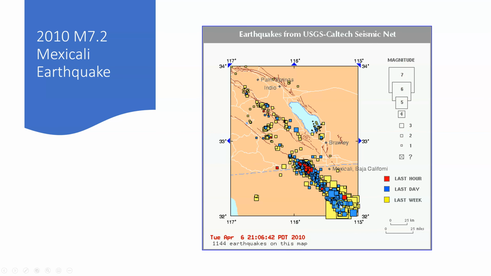And they are sized by magnitude. You can see some of these really large last week size almost 7 magnitude. So it was a 7.2 magnitude. And there along the San Jacinto Fault, we see a lot of additional earthquakes that occurred after the bigger earthquake.